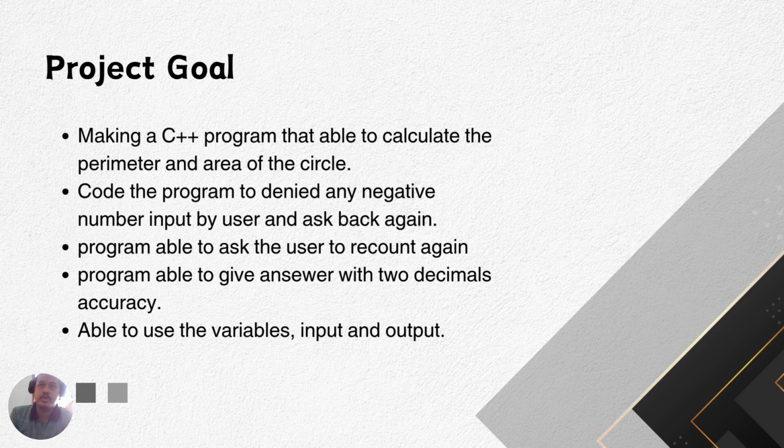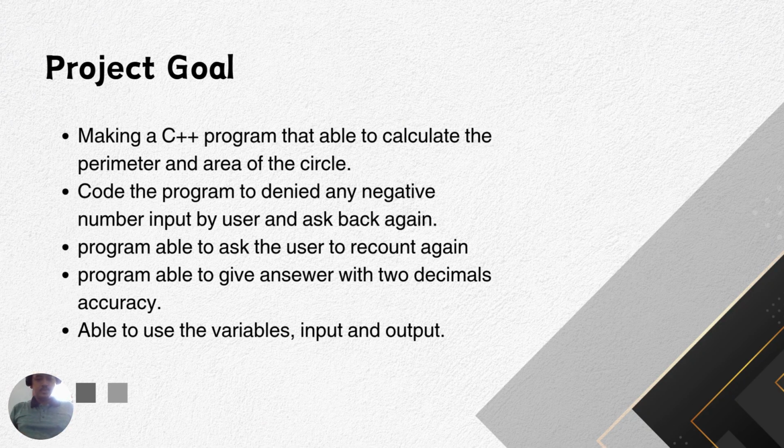We also want the program to give decimal numbers of at least 2 places. In this program we will use simple coding such as variable, input and output, as well as do while.